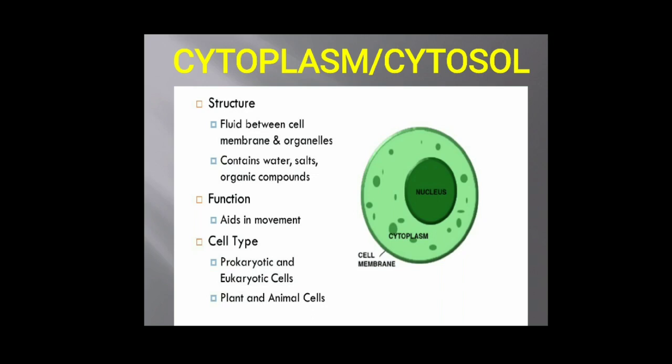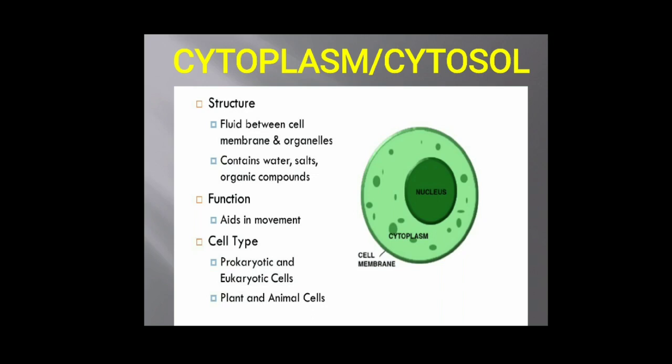So cytoplasm is the fluid content of the cell and it is bounded by the plasma membrane. It contains water. The major portion of the cytoplasm is water, salts and different organic compounds. It is present in all the prokaryotic and eukaryotic cells, and it contains the cell organelles.